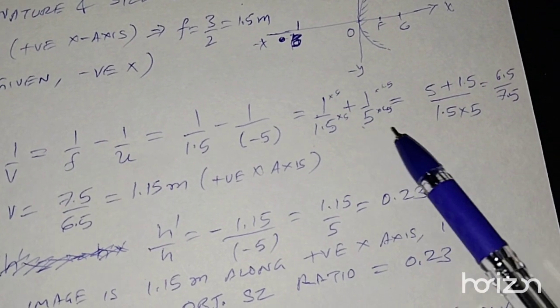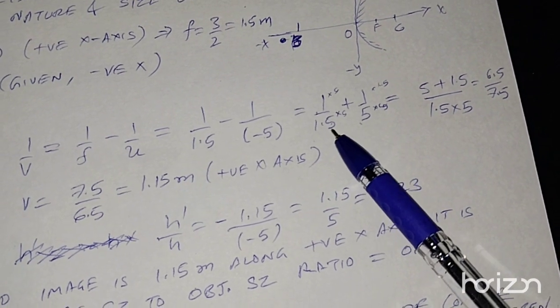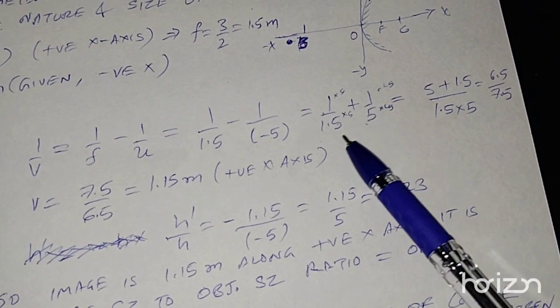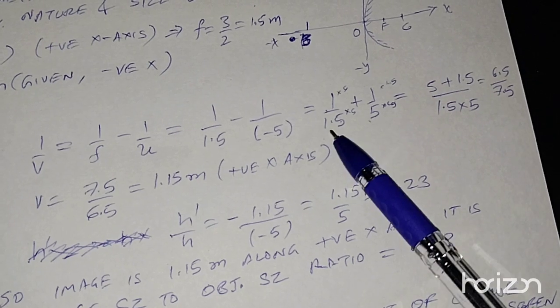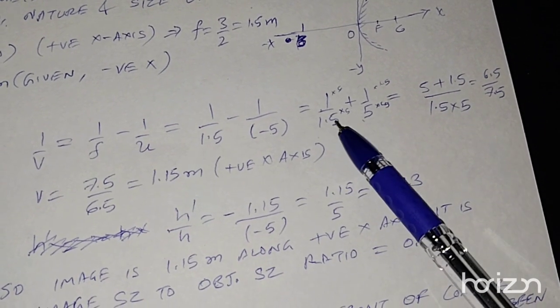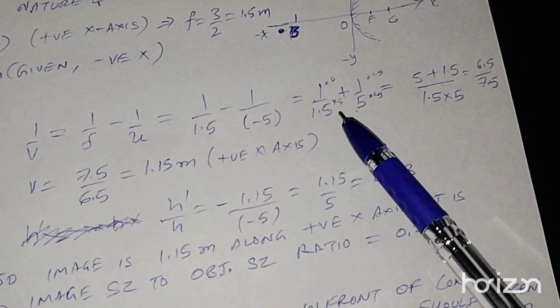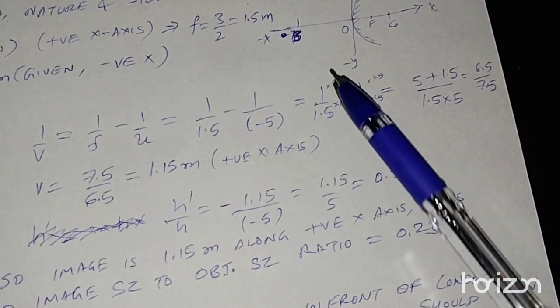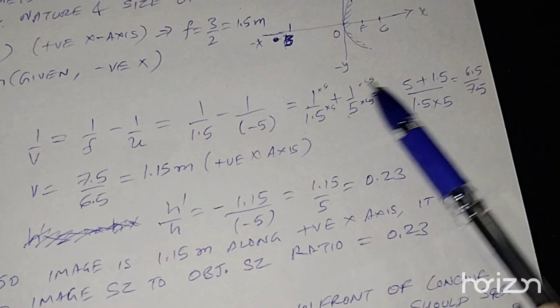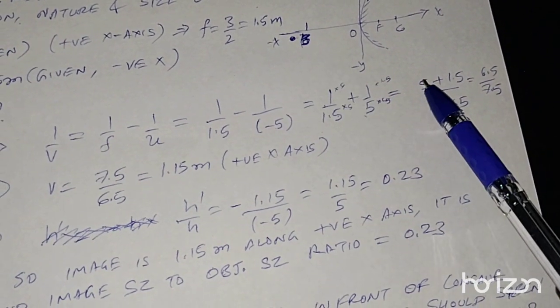So to take the LCM, since this is a decimal and this is not a decimal, we just multiply these two. So the LCM is 1.5 into 5. Okay, so to make this denominator the LCM, we multiply both the denominator and the numerator by 5. So 1.5 times 5 and 1 times 5, so we get a 5 here.